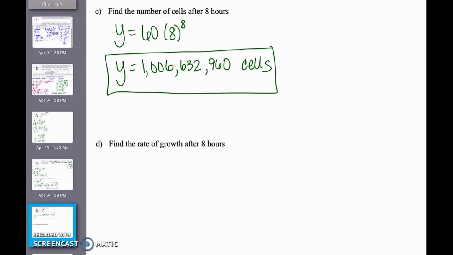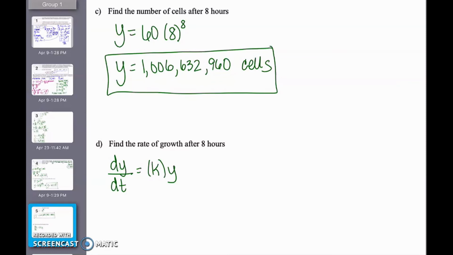Part D asks us to find the rate of growth after 8 hours. Okay, so now we're going to be thinking about this in terms of a differential, right? Because the rate of growth, that's going to be dy dt. And we know from our previous work today that dy dt is going to be equal to k times y, right?